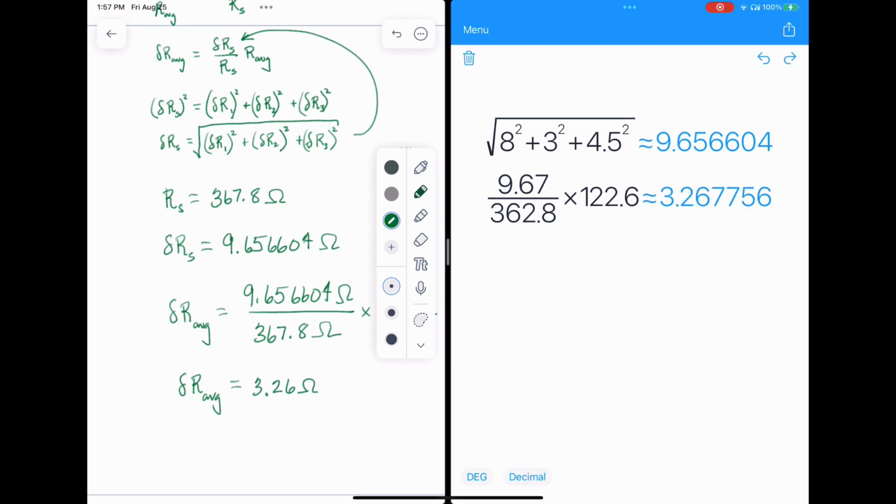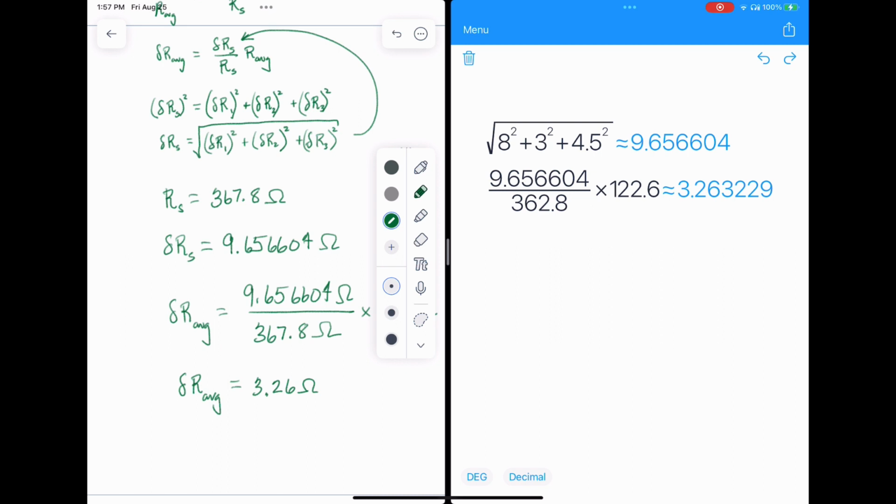There we go. Now I have 3.22, and that's what I'm going to place into my WebWork. Thank you. See you in the next problem.